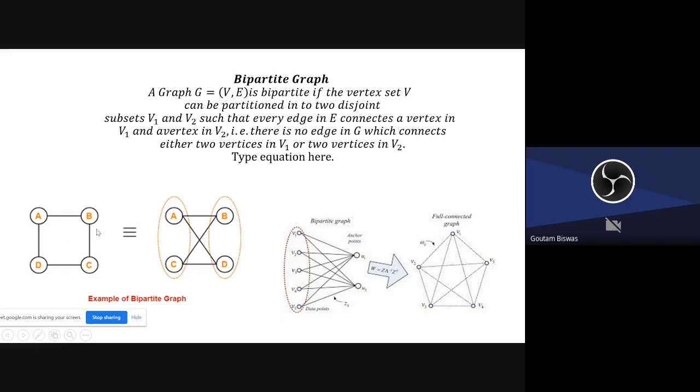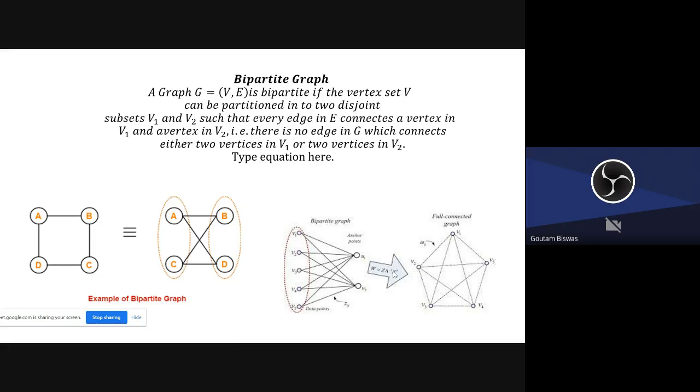You can convert a graph to a bipartite graph by means of a linear transformation like this, but that is not in your syllabus. Okay, that is very interesting, but that is not in syllabus. But how to convert a graph to a matrix, that is there in your syllabus.